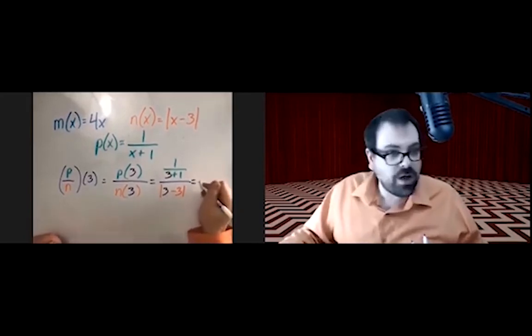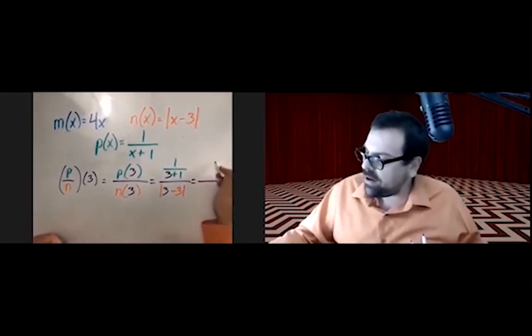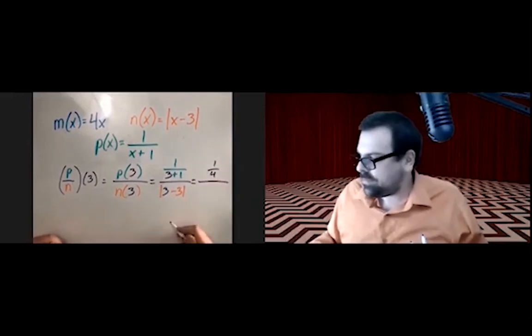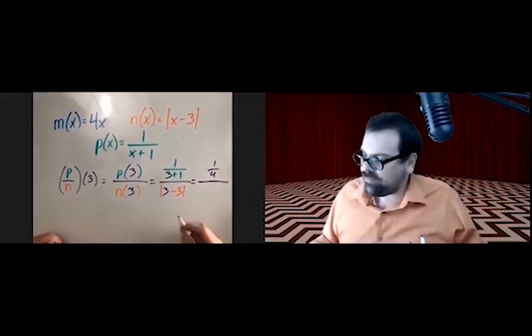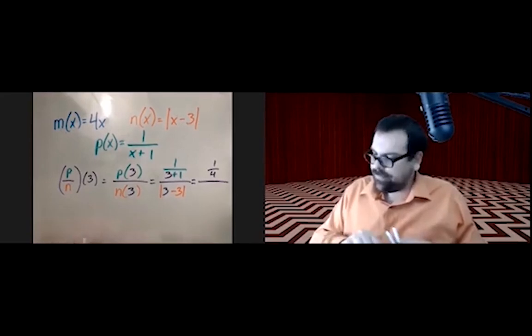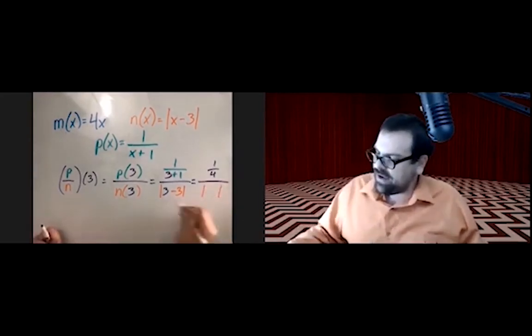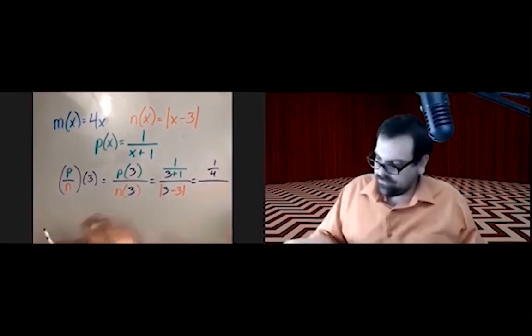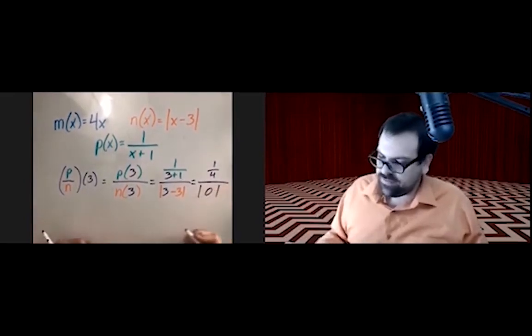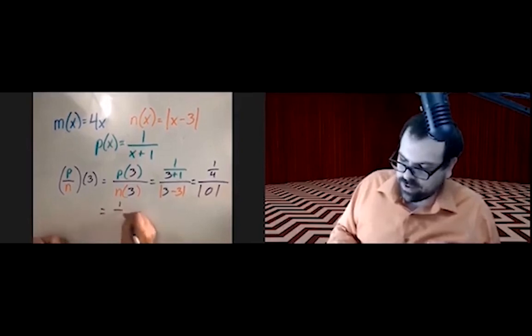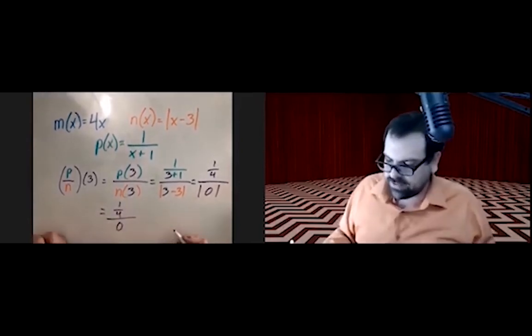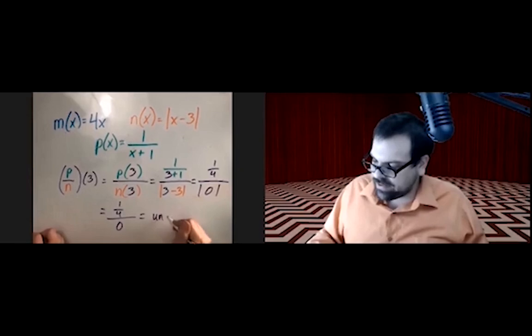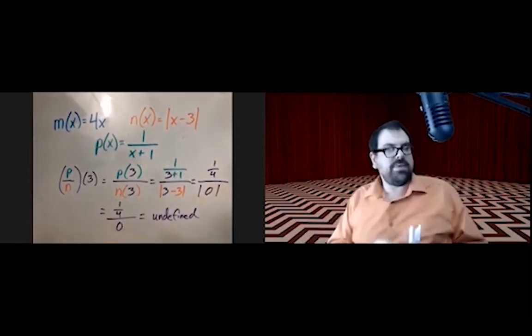So we could keep going and simplify the top, but we already got our answer. The top is 1/4. The bottom would be the absolute value of 3 minus 3, the absolute value of 0. So 1/4 divided by 0, that's undefined because we can't divide by 0.